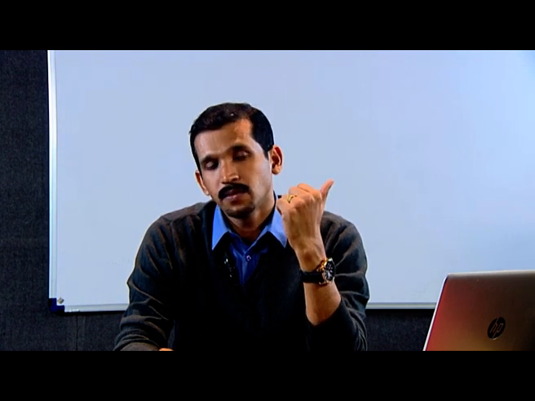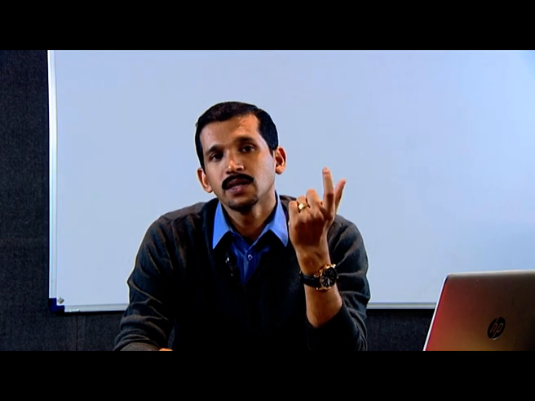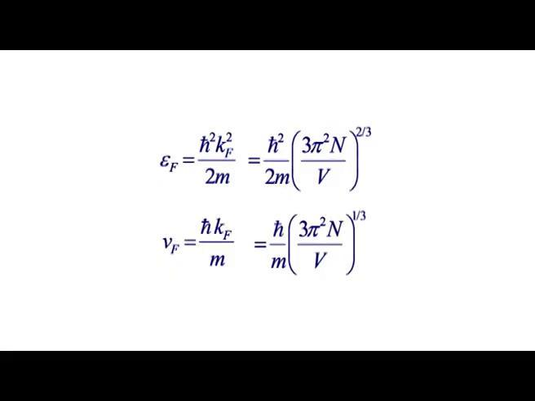And correspondingly you can always calculate the value of the Fermi energy. So, the Fermi energy can be evaluated as ħ²/2m into (3π² N/V) raised to 2/3, and from that expression you will get the value of N in terms of the energy.